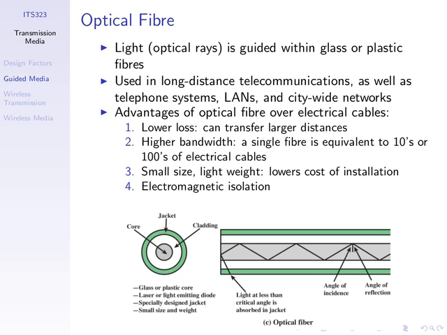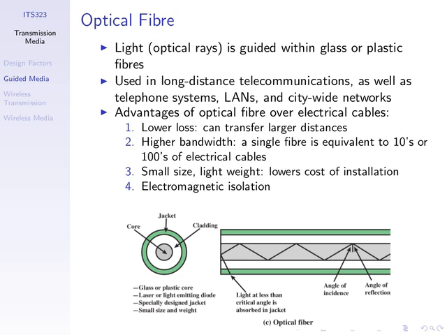We can have a much larger distance before we need an amplifier or repeater. A single fibre allows transmissions at much higher bandwidth than our two previous systems, and therefore we can have much higher data rates. Tens to hundreds of times larger than a single electrical cable. So much faster.